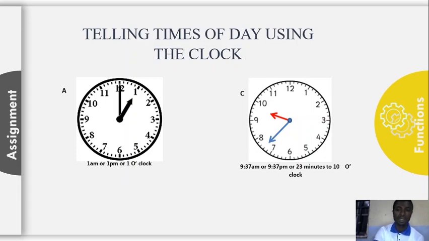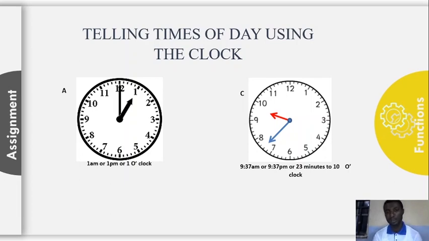Now, this is 31, 32, 33, 34, 35, 36, and 37. Can you see it? The longer arm is on 37.